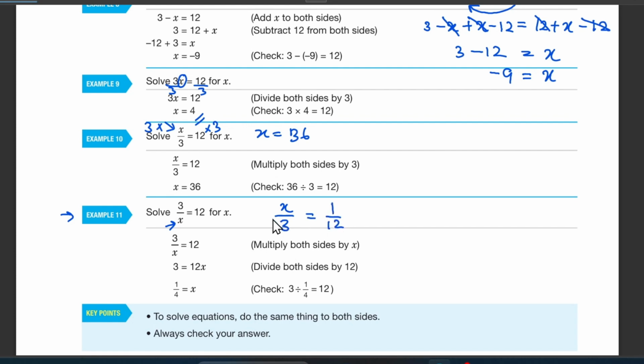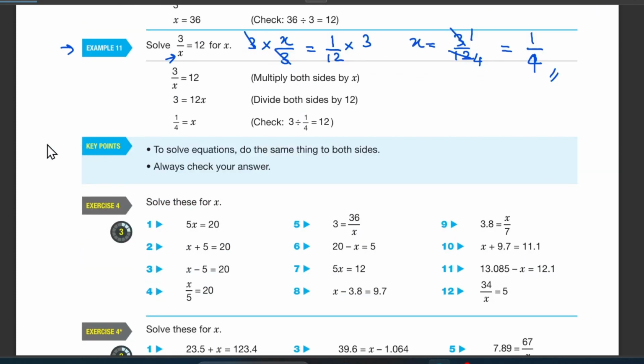So the x is divided by 3. So to get rid of this division by 3, we have to multiply by 3. So these two cancel out. I did the same thing to the right hand side also. So now I get x equals 3 over 12. These two I can cancel out. Then it's equal to 1 over 4. Okay. So that's the answer.